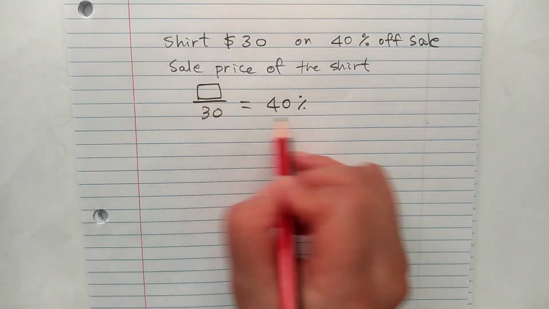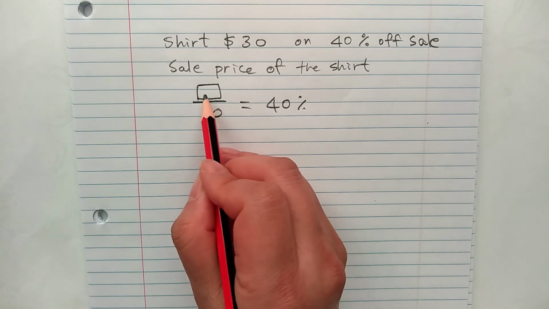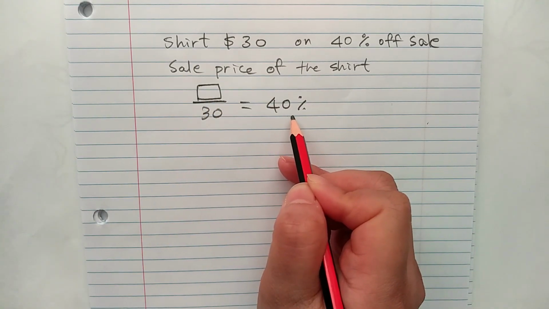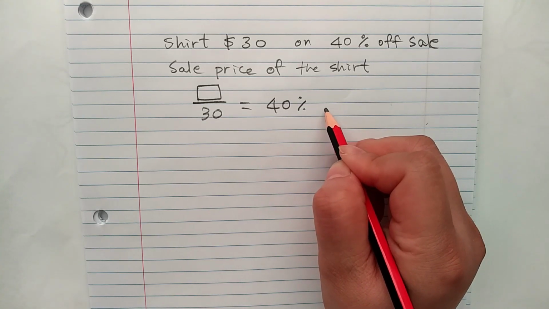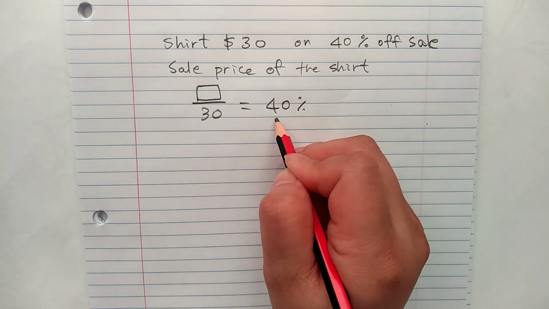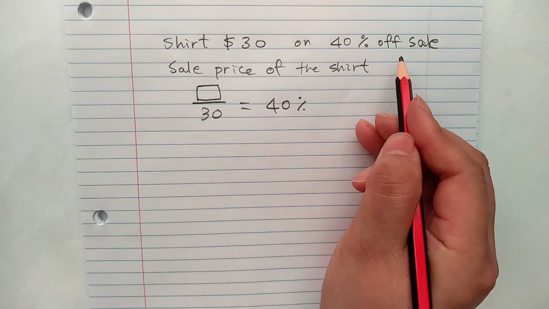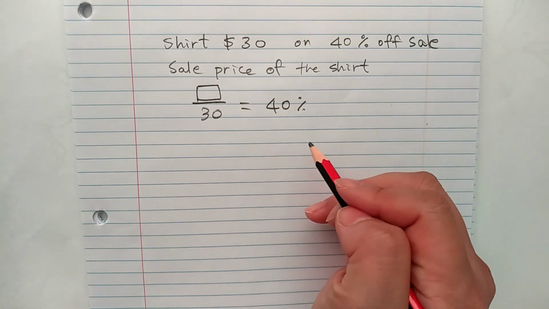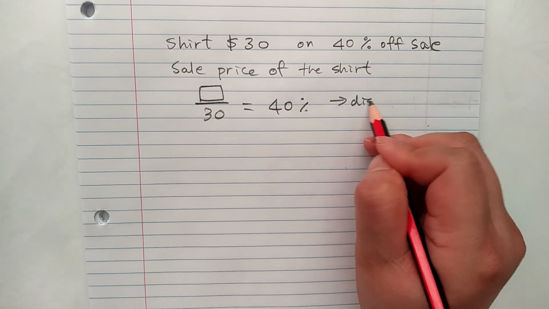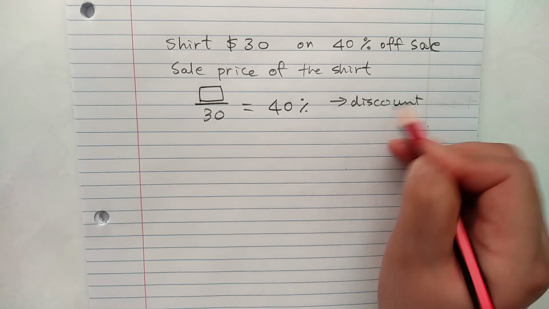Let's think about these numbers. A portion of $30 is 40%. Is that a new price of the shirt or is that discount amount? 40% off, that means you're paying 60% for the shirt. So this is discount amount.